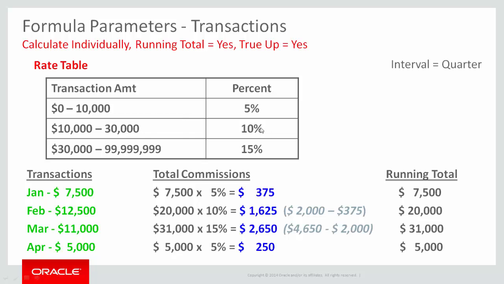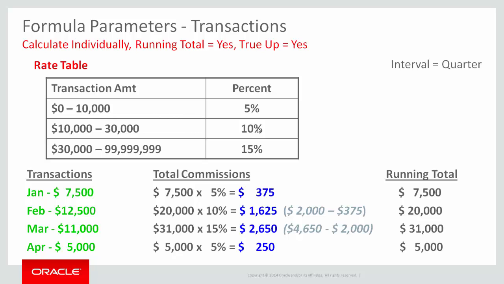So not only do you want those new transactions paid out at the higher rate of 10%, but you also want to go back and find those transactions that were paid at a lower rate, and you want to true those up. So those transactions that were paid at a 5% rate earlier are now going to be paid out at a higher rate at 10%. That's the concept of truing someone up.